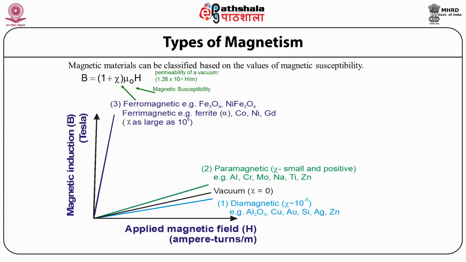ferromagnetic and ferrimagnetic. Materials with negative susceptibility are diamagnetic materials, and they have chi-m to be less than 1.